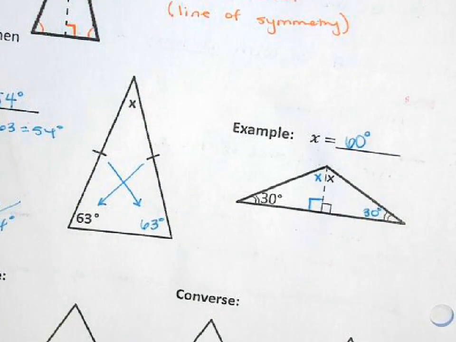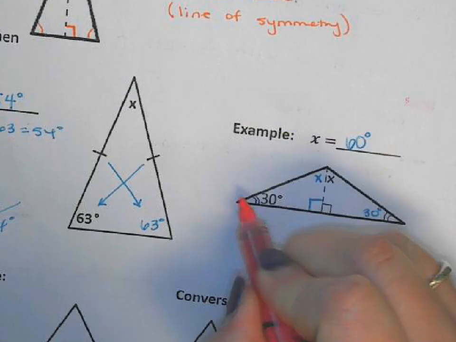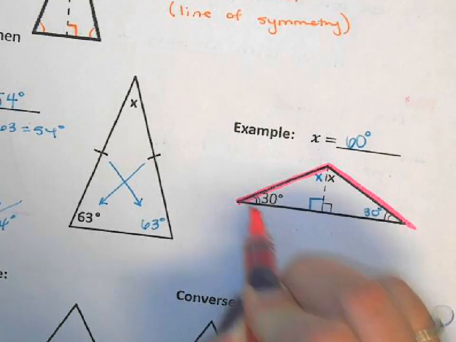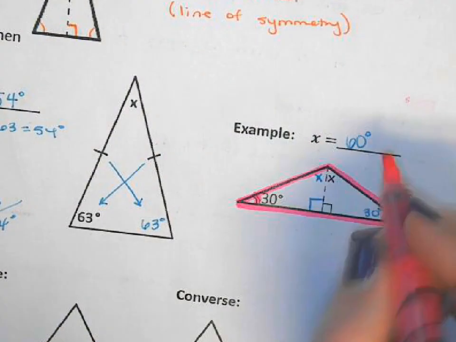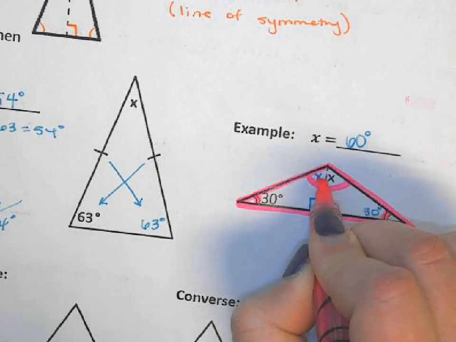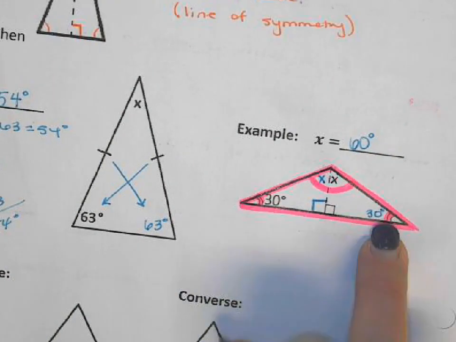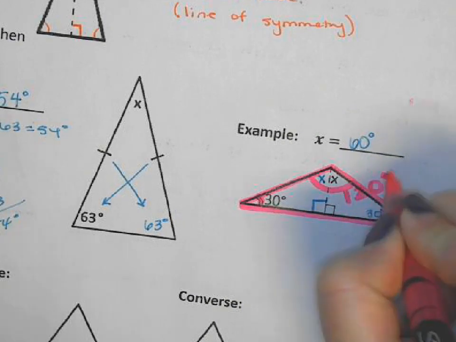What if you want to look at this whole picture? This angle's 30, this angle's 30. What does this whole angle have to be here? If this is 30 and that's 30, 120.